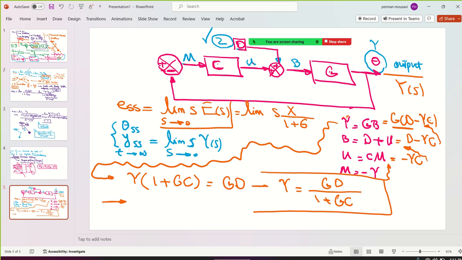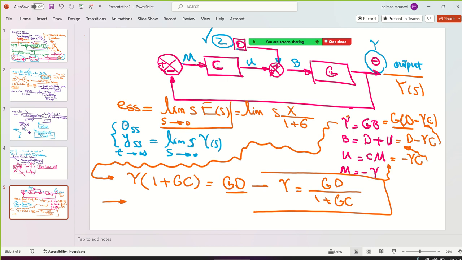Everyone agree? M is minus y, u is cm, gonna be yc minus yc. B is d plus u, gonna be d minus yc. And g in b, d minus yc. This goes to the other side, 1 plus gc, and here gonna be gd. You got it, everybody?